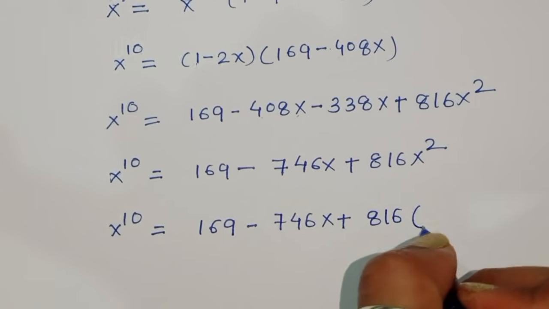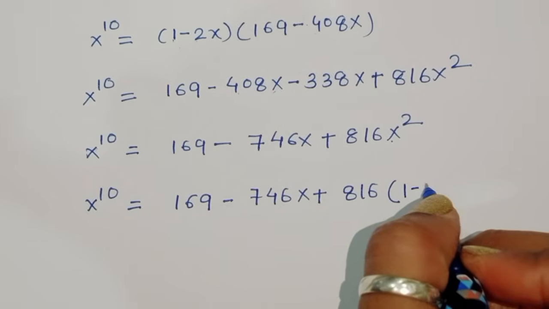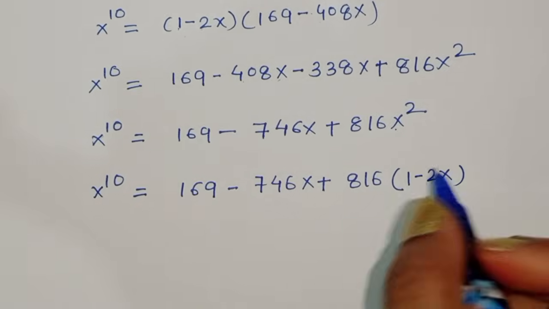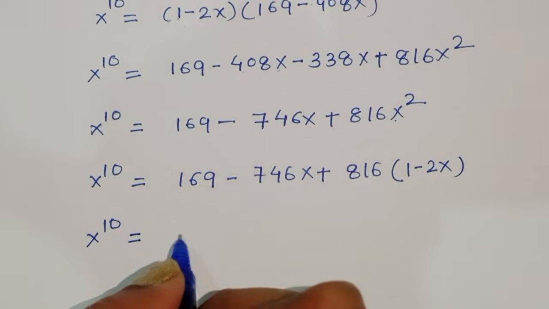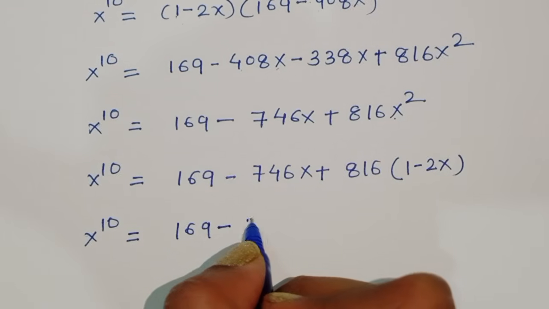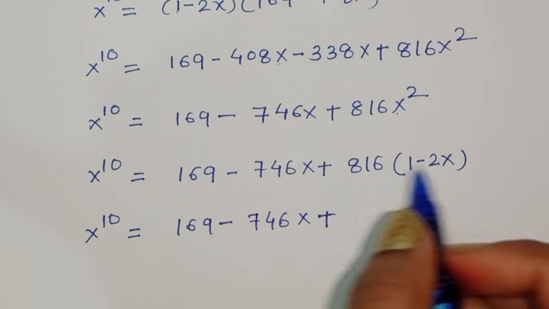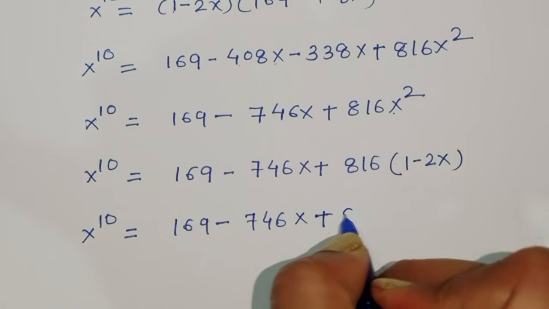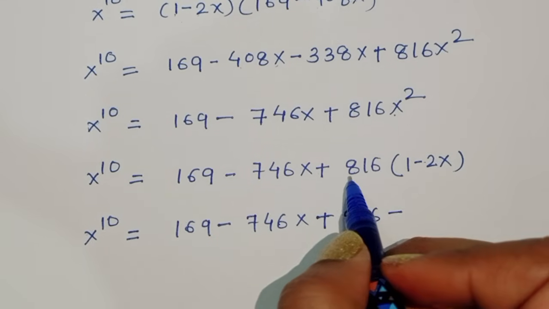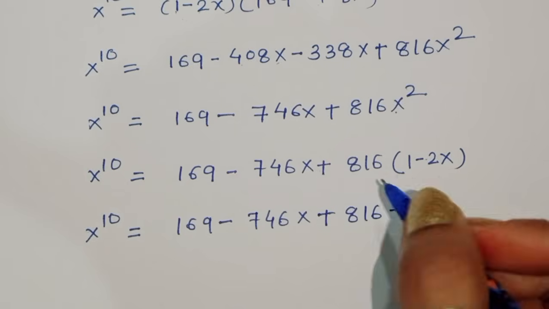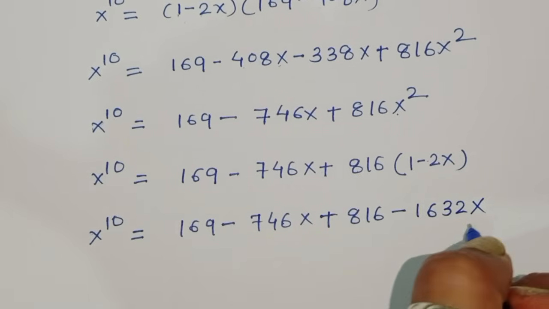816, and again here x square, so the value of x square is equal to 1 minus 2x according to equation 1. So x power 10 is equal to 169 minus 746x plus, now we have to multiply, so 816 times 1 will become 816, and minus, because minus minus plus, 816 times 2, so we will get 1632x when we are multiplying this term.